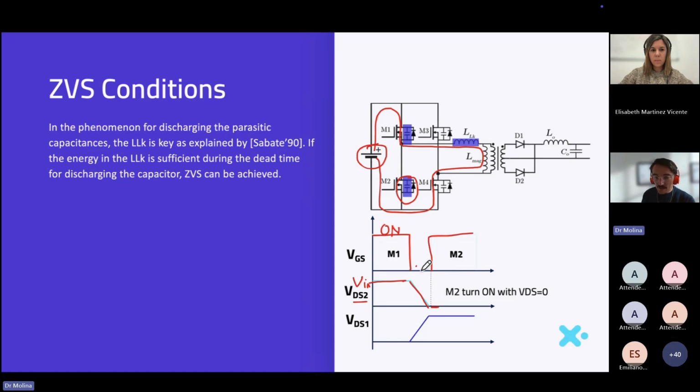The problem is that, imagine that instead you switch on M2 while this energy is still here, say half of the input voltage.